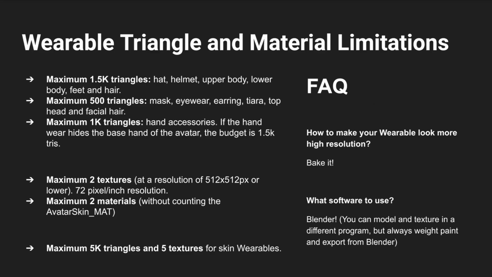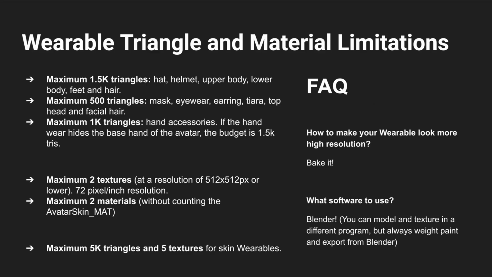So to make sure that that happens, for most wearables, we have a maximum of 1,500 triangles, which I know doesn't sound like a lot, but you would be surprised at what people can actually do with that few triangles.